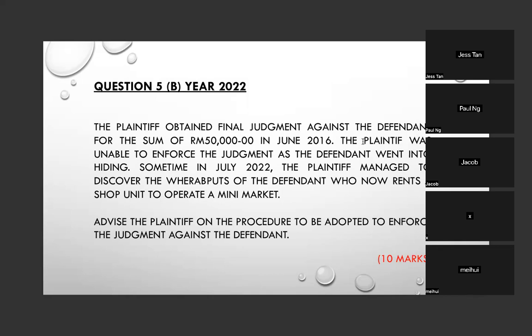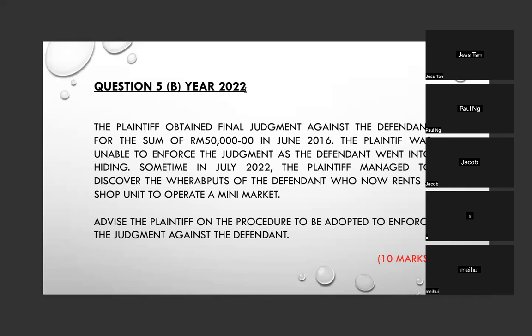The plaintiff was unable to enforce the judgment as the defendant went into hiding. So sometime in July 2022, the plaintiff managed to discover the whereabouts of the defendant, who now rents a shop unit to operate a mini market. So advise the plaintiff on the procedure to be adopted to enforce the judgment against the defendant. So this will carry 10 marks, yeah?